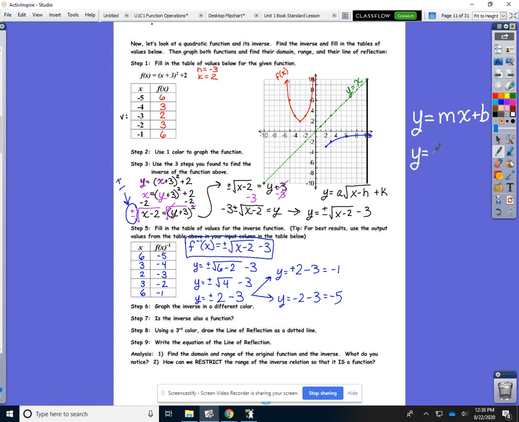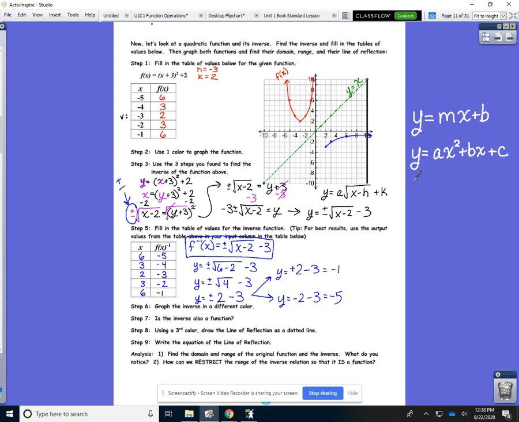The standard form for a quadratic is ax squared plus bx plus c, which is good, but the one that we have written there is f of x equals, and we have it written in what's called vertex form, a times x minus h squared plus k.